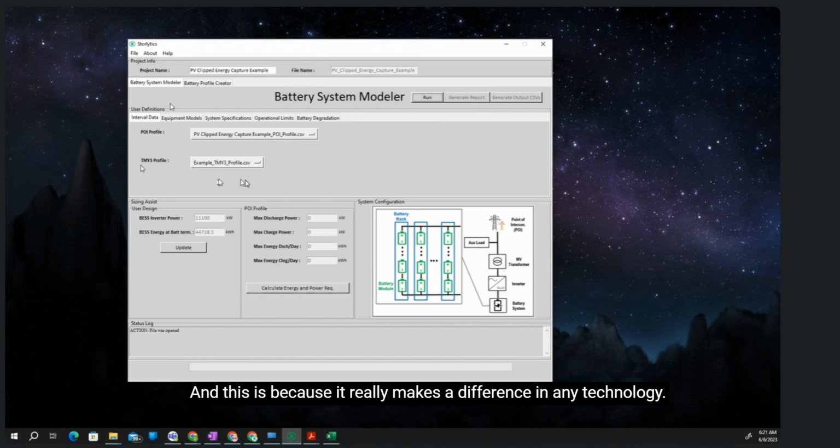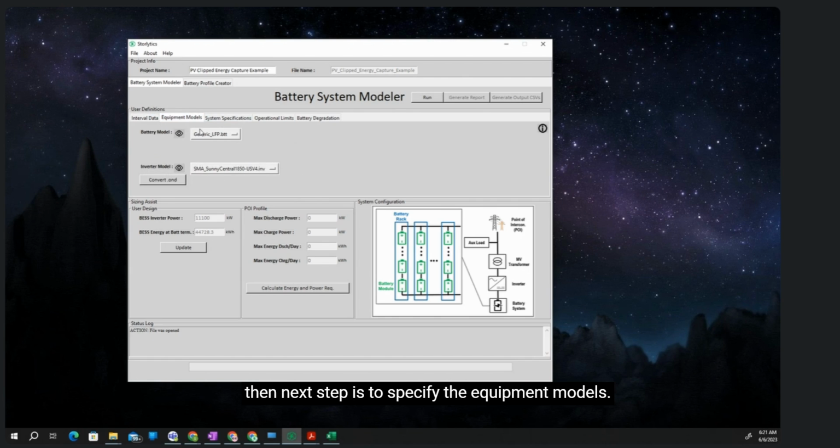This is because it really makes a difference in any technology. So for lithium, if you're installing a battery in the Mojave Desert, it's going to require much more auxiliary load than if you were installing it in North Carolina or somewhere else. So you really need to take into account the TMY3 profile of the region you're installing.